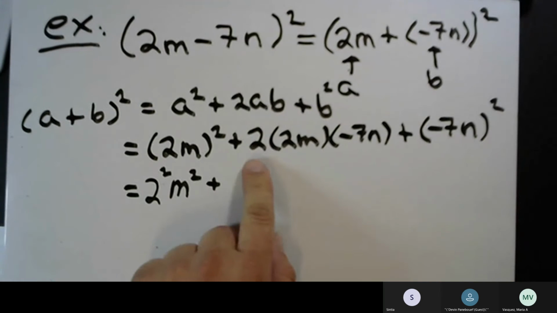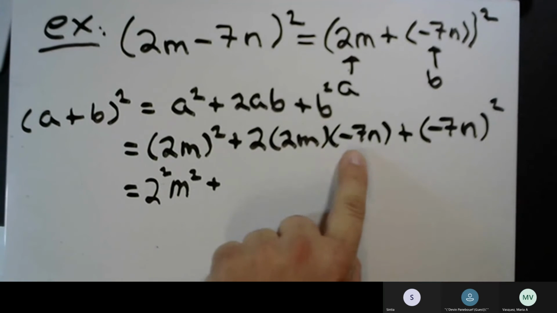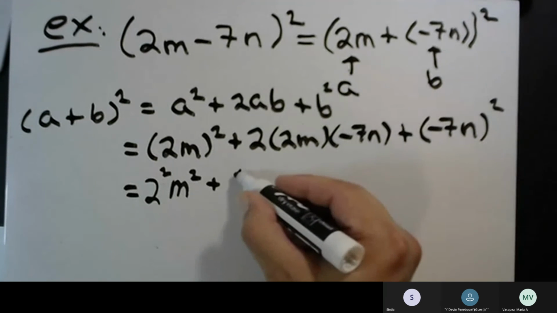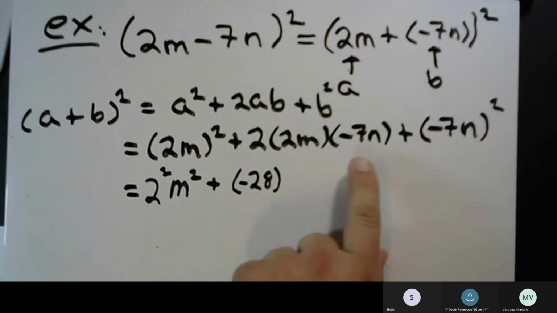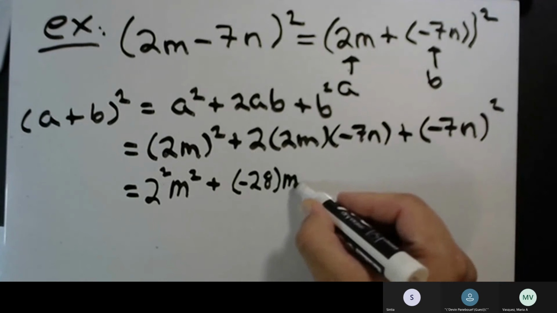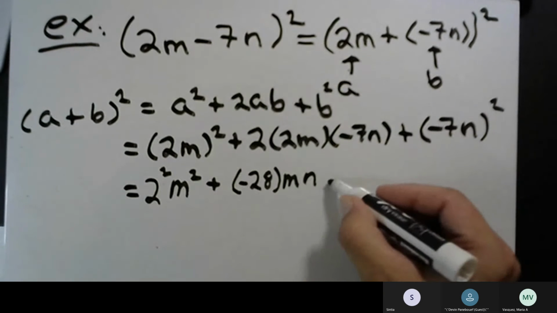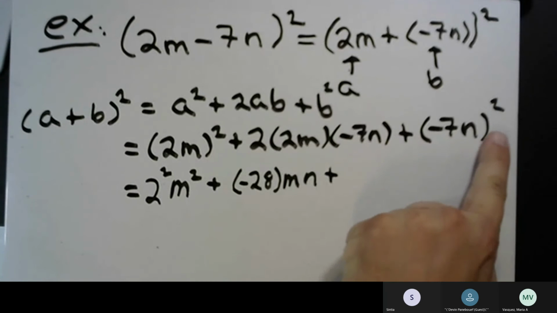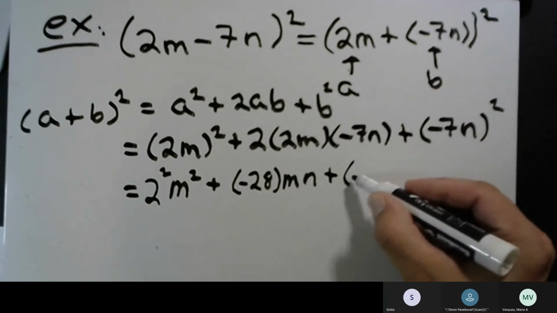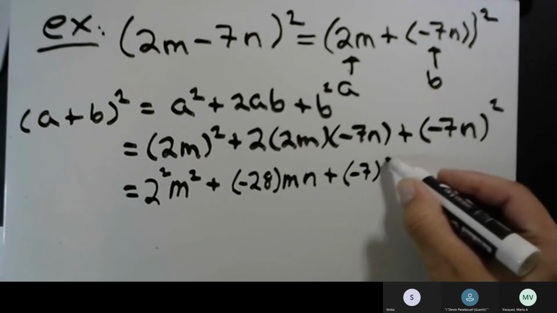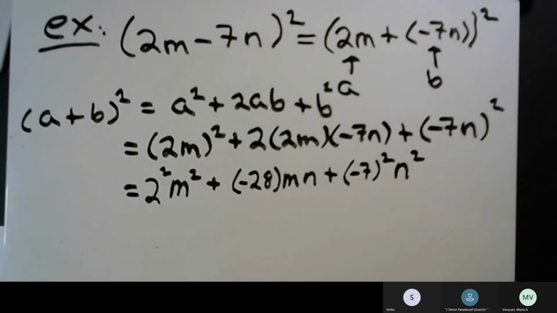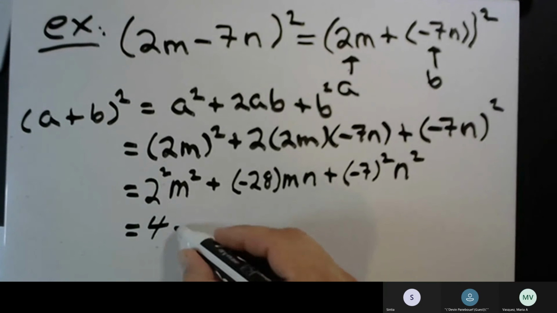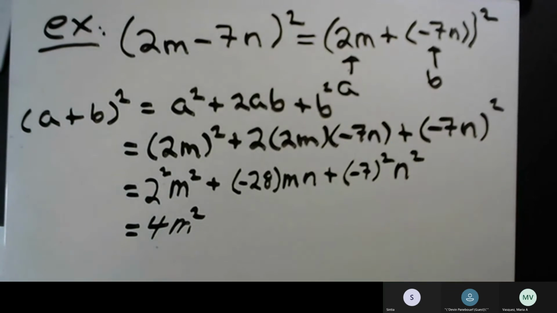plus, now let's take a look at this one. 2 times 2 is 4, times negative 7 is negative 28. You have m times n. And then here again, we're going to distribute that 2 as an exponent. So this will give us 4m squared.